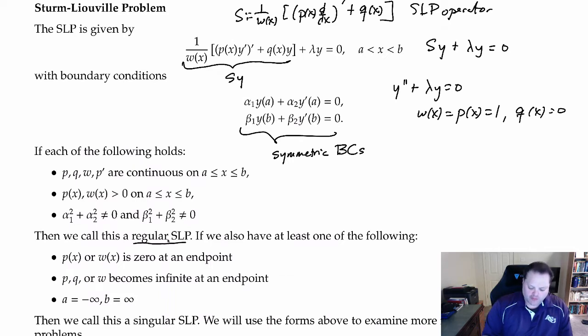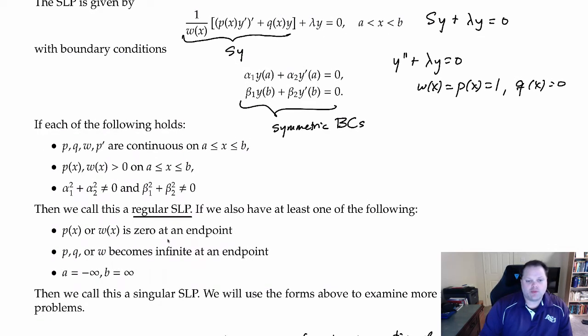Almost all of the problems that we've looked at this semester have been regular. We are going to start looking at some singular problems. What makes an SLP singular is if either p or w vanish at the endpoints. Whatever the endpoints of the interval you're studying the PDE on, if p or w vanish at the endpoints. If they vanish inside the interval, then they're not continuous, right?